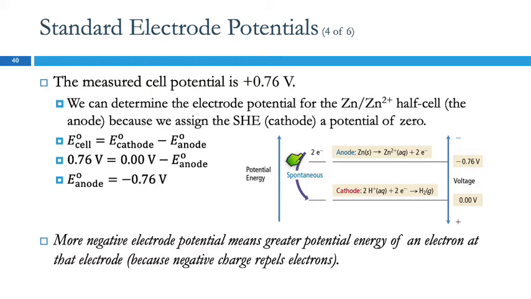So the electrons are going to go from a negative voltage to a 0 or more positive voltage, because electrons want to get away from negative and go to positive.